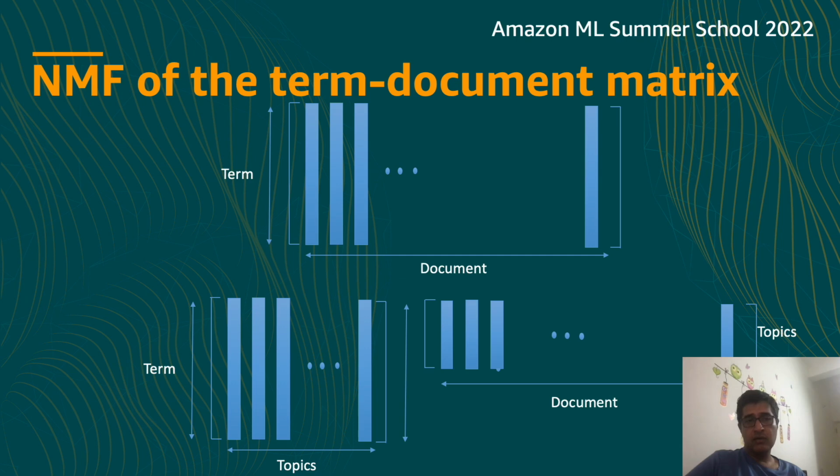So you take this term cross document matrix in this particular case, and then you try to break it down into parts, where the first part, or U, becomes your term cross topics, and then the V part becomes your topics cross documents, whichever way.